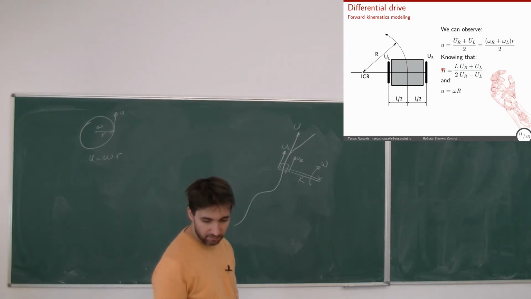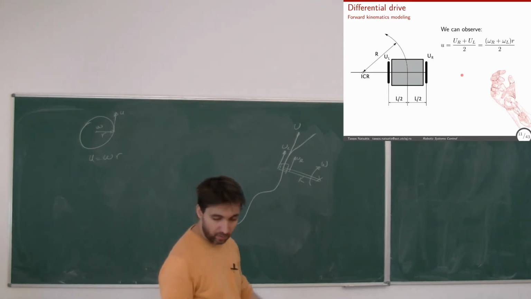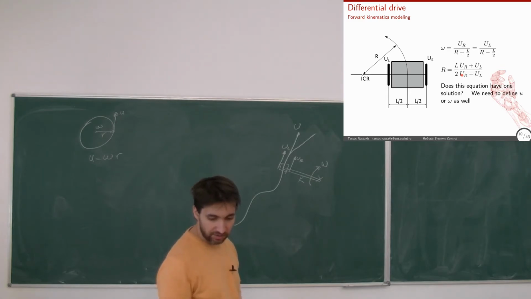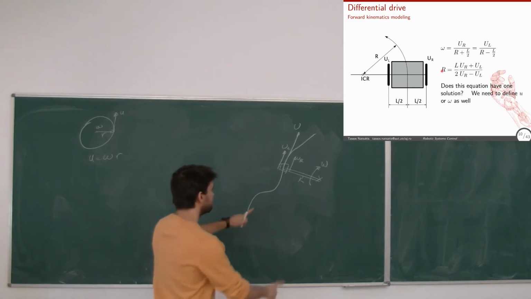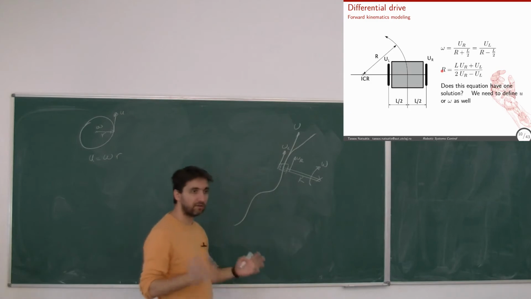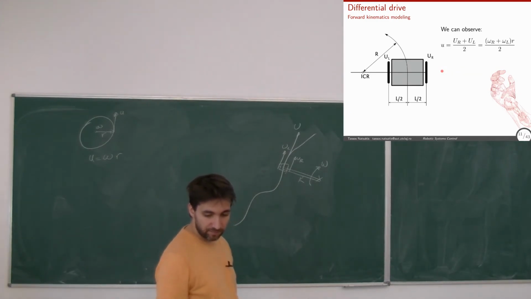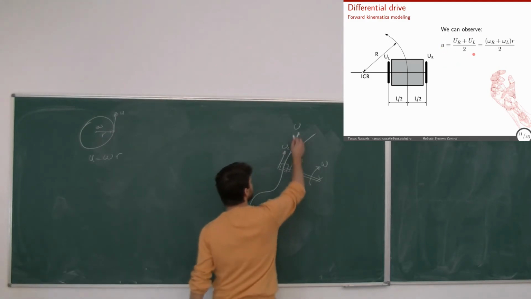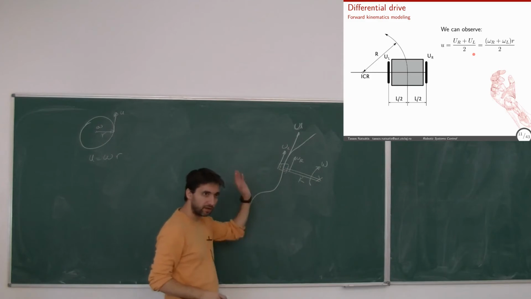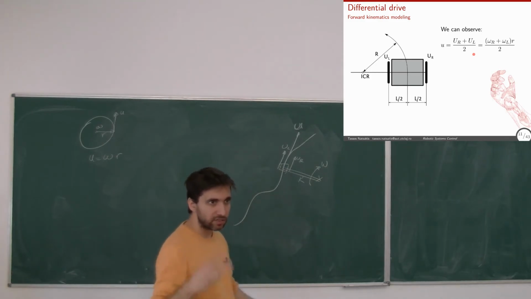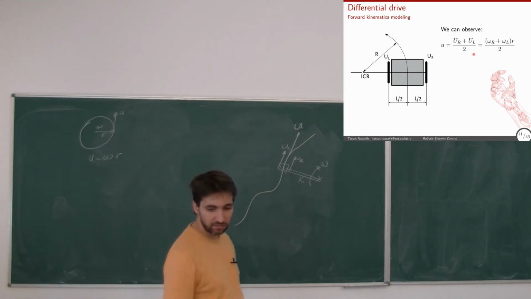So basically, knowing, yeah, now, sorry, one step back. So we saw here that by defining the instantaneous center of rotation, we don't define fully the velocities, but if we have also another equation for the velocities, and I know I want to have a specific linear velocity for the robot, then I have two equations, I have two unknowns, so I can solve this exactly, right?